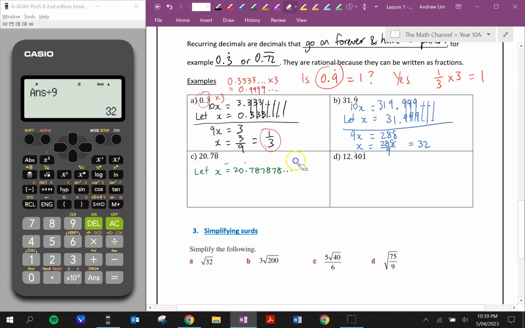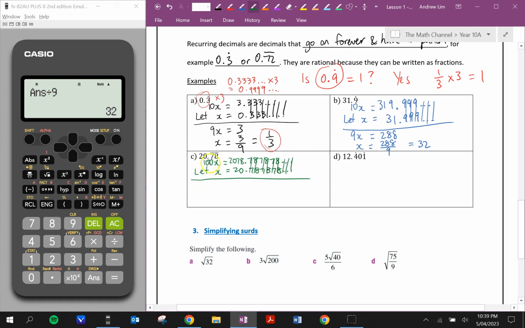So instead, I need to multiply by 100. If I multiply by 100, then the decimal will move 2 to the right, leaving me with 2078.787878 forever. And now when we subtract, these will cancel each other out because they line up perfectly.